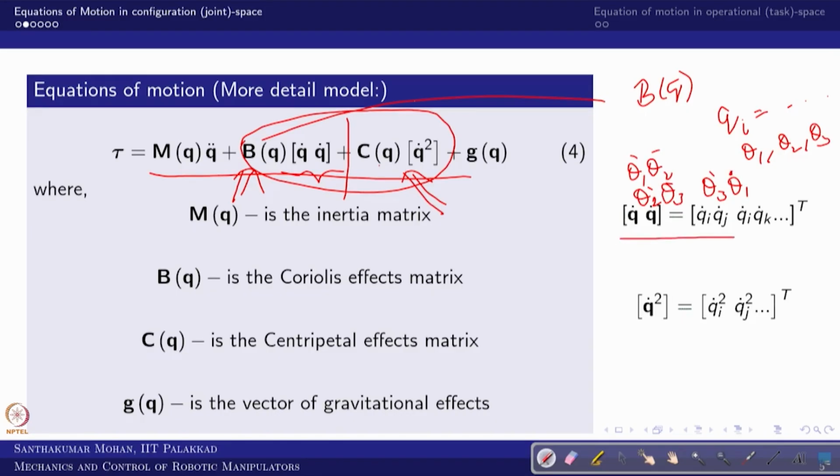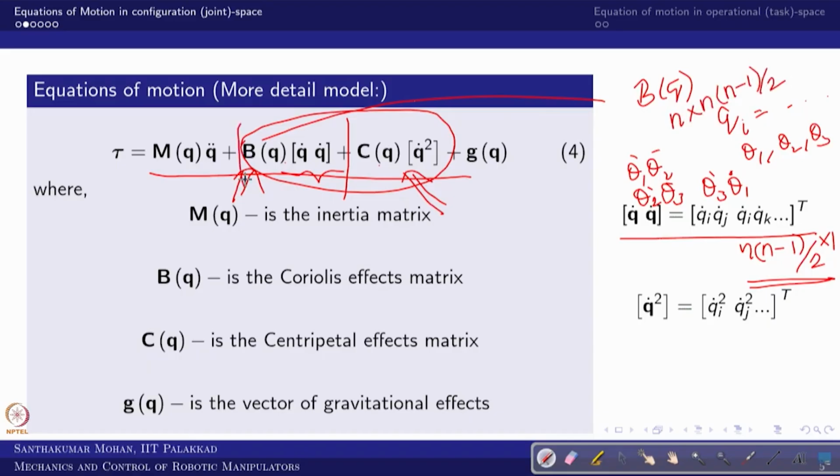In that sense, this is a vector with size n into n minus 1 divided by 2, cross 1. So B of Q would be n cross n into n minus 1, whole divided by 2. So this would be the size.